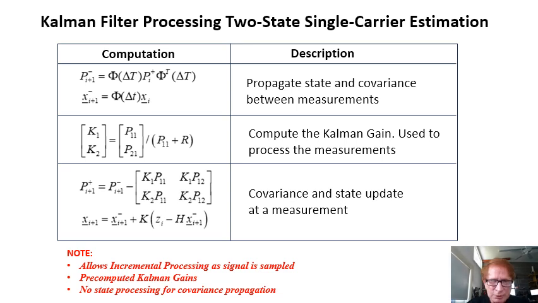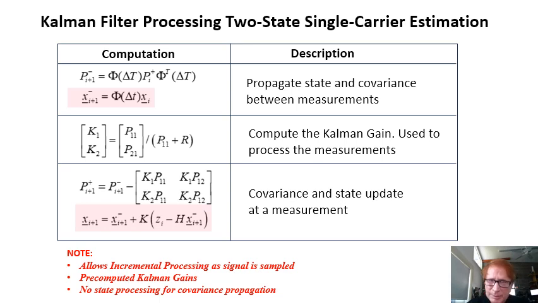We also show the state update expressions that use the transition matrix between measurements and the Kalman gain at each new measurement. Looking at the state update math between each measurement and then at the next measurement, we see that the calculations are very simple.